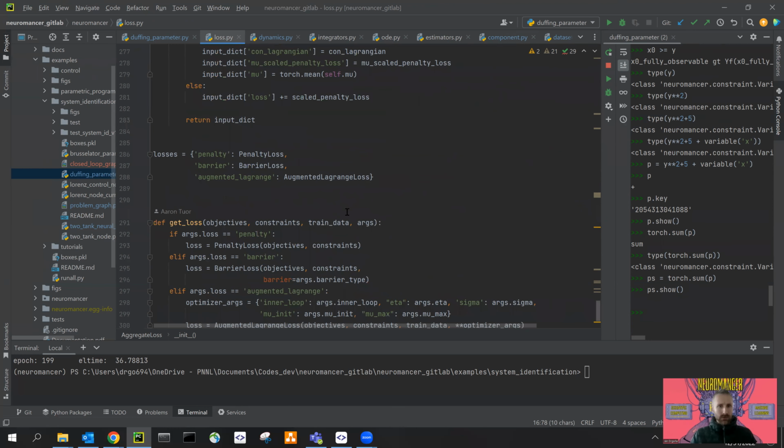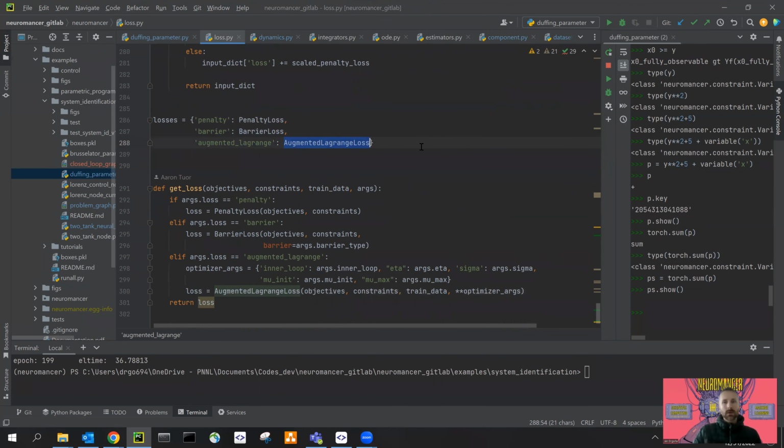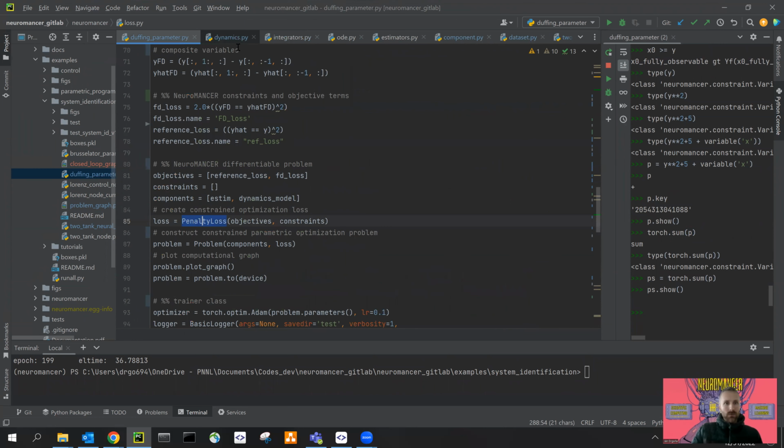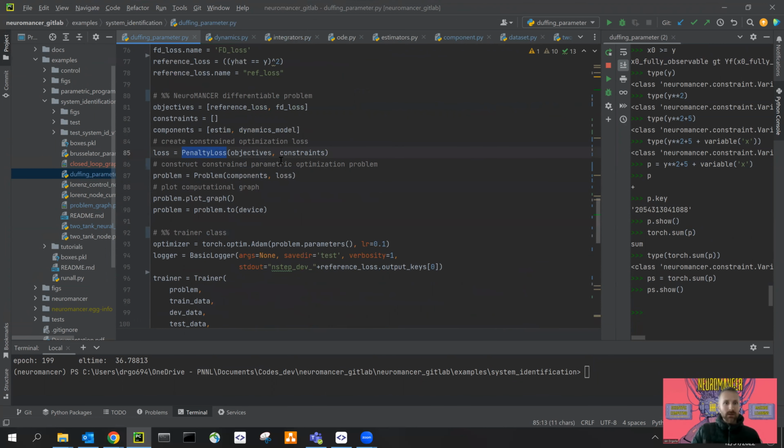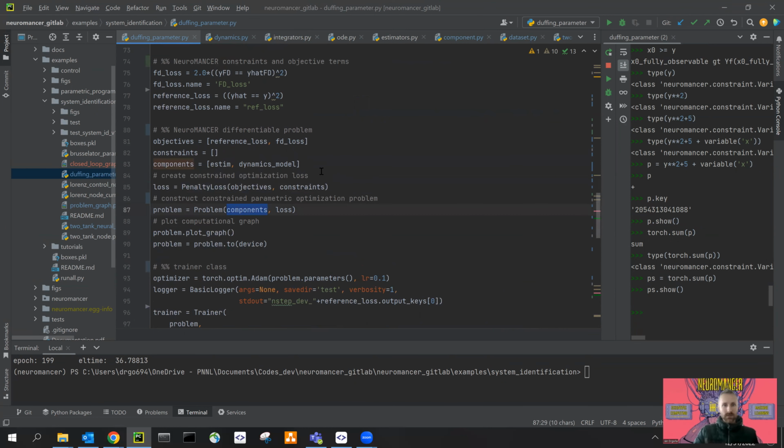Currently, we support 3 types of loss functions: penalty, barrier loss, and augmented Lagrangian loss that you can use, and we are working on expanding this further. So this penalty loss or any aggregate loss will be used together with the components, the symbolics, to create computation graph in the problem class.